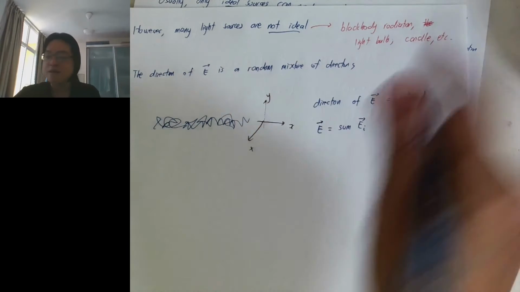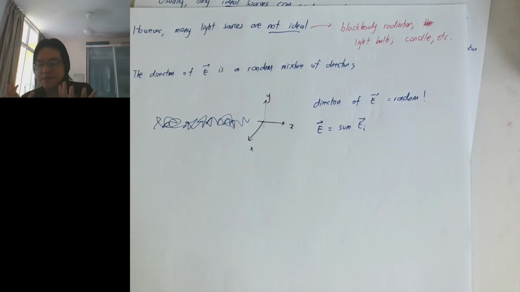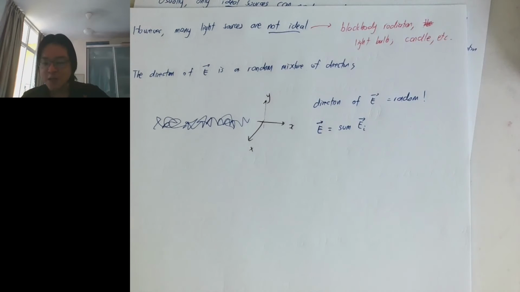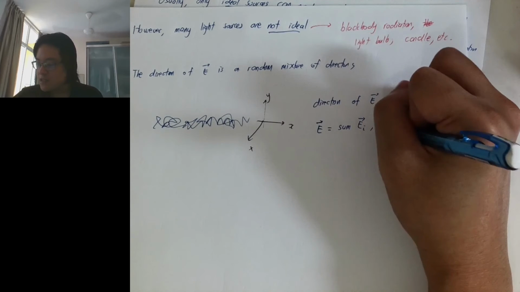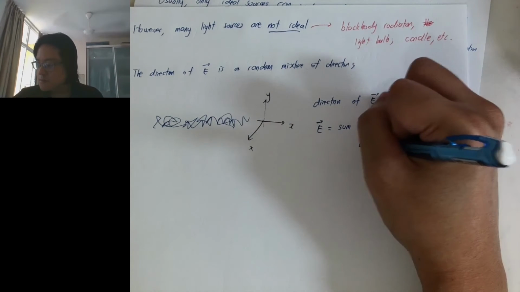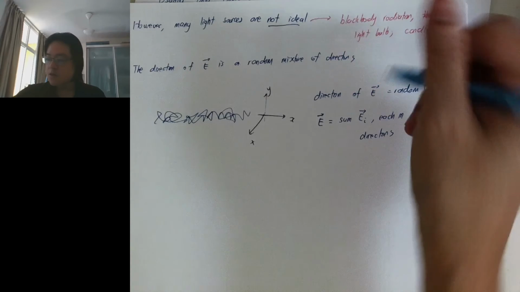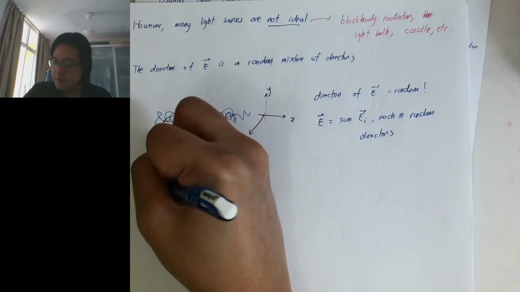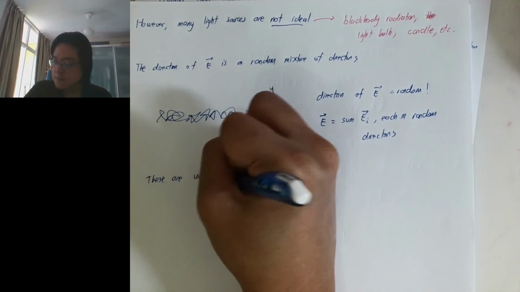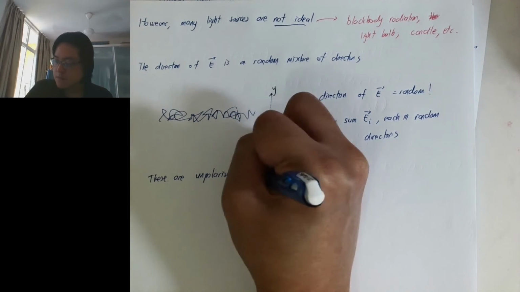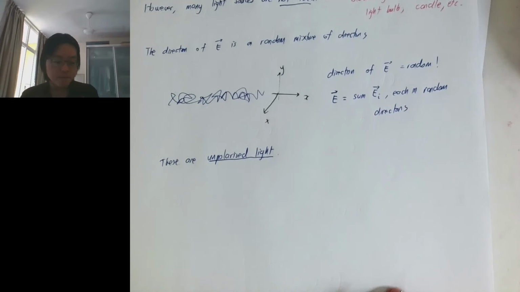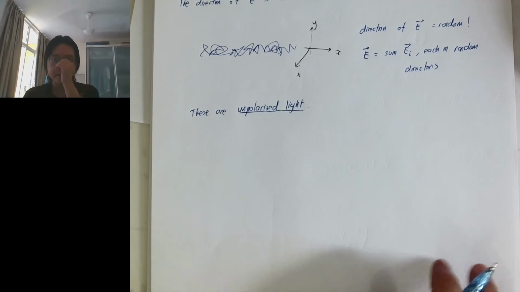We can't even tell because we have different atoms emitting in different directions, at different positions. Everything is all a mess. It's a huge mess. It's chaotic, each in random directions. So these are called unpolarized light. Okay, so this is what we mean by unpolarized light.